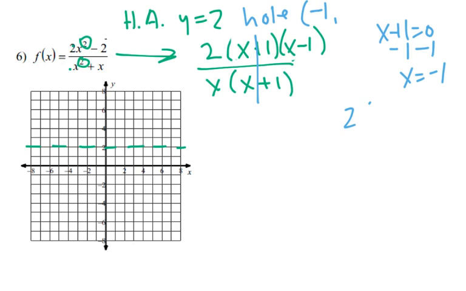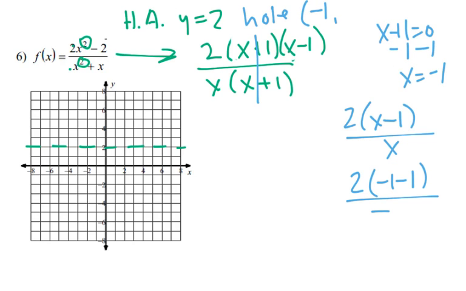Then we have 2 times (x minus 1) over x. So we plug in negative 1 for x. That would be negative 2 times 2 would be negative 4 over negative 1 would give us positive 4. So there's our hole. Negative 1, positive 4.